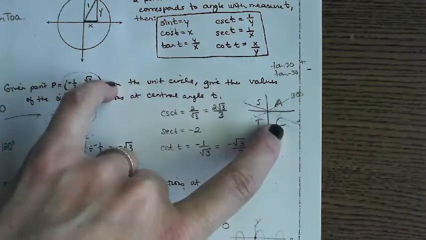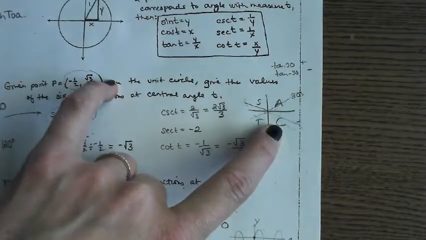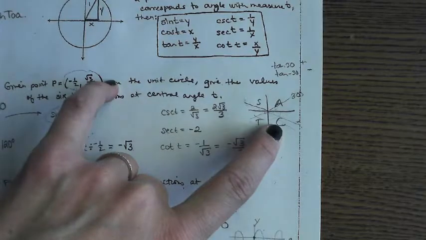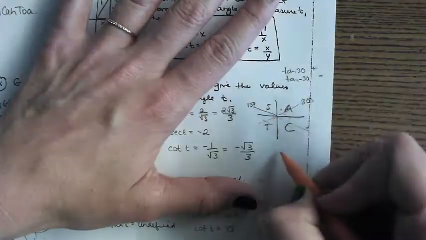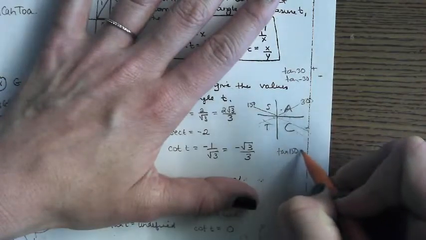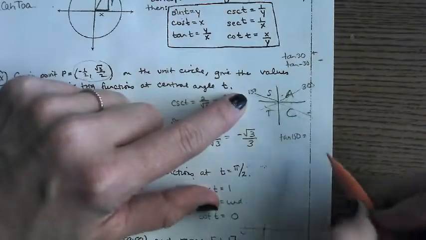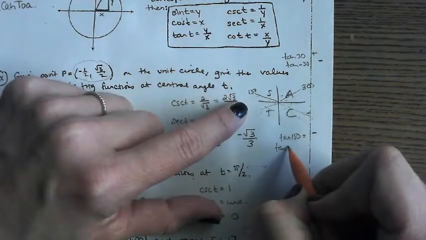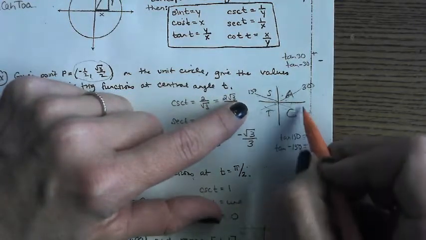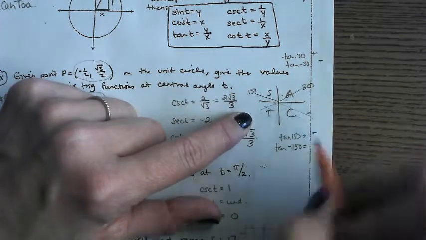Negative. So it's the opposite. So just based on that one example, does it appear to be even or odd? It appears to be odd. But that's just one example. Let's try the 150. What's the tangent of 150? Positive or negative? Negative. What's the tangent of negative 150? Positive.